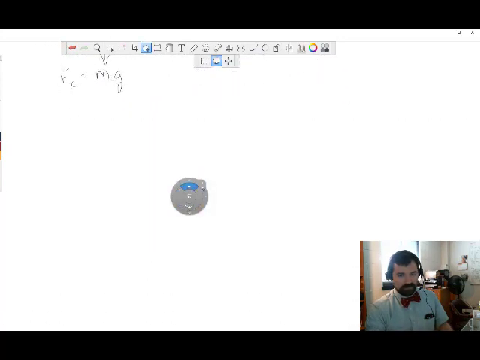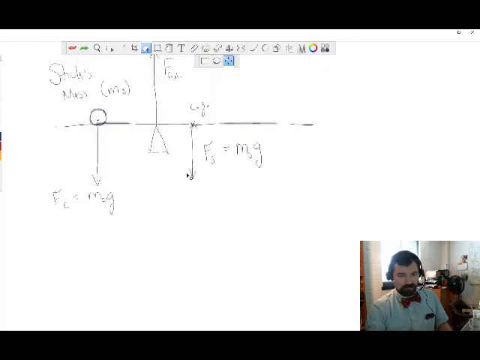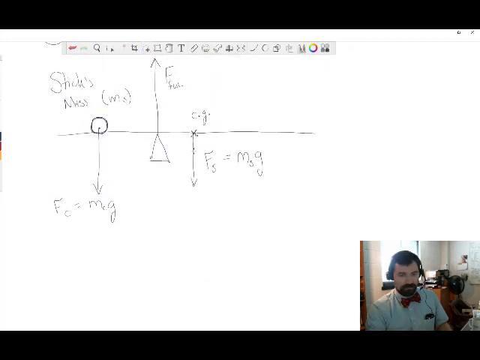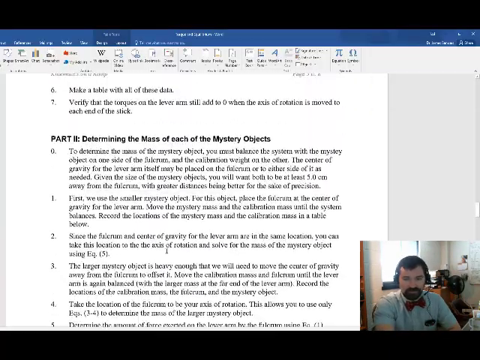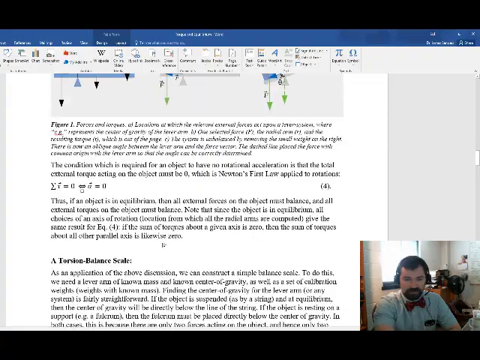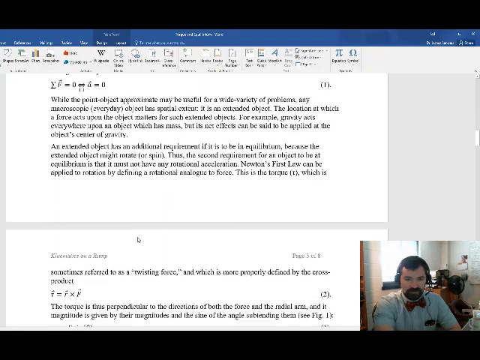Alright, so basically what we are going to do here is make use of the conditions for equilibrium, which are basically described in these equations.